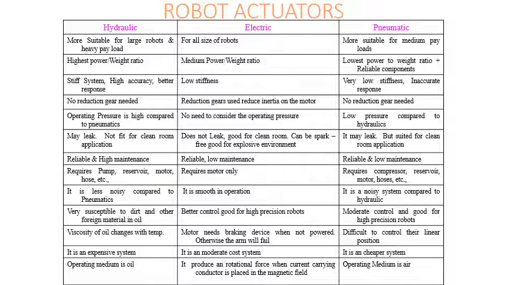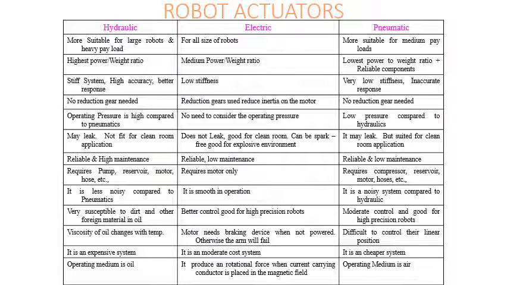In case of pneumatic, similar to hydraulic, no reduction gear is needed. Hydraulic operating pressure is high when compared to pneumatic, and pneumatic will have low pressure when compared to hydraulics. Despite this, electric actuators do not require any operating pressure.